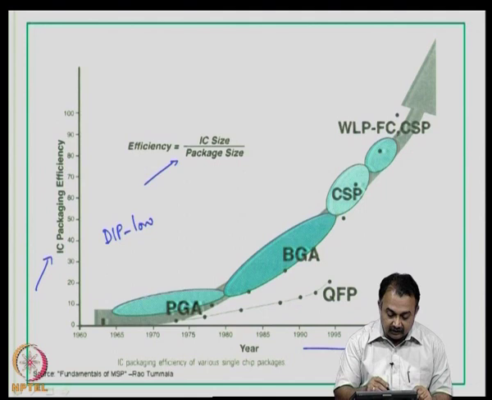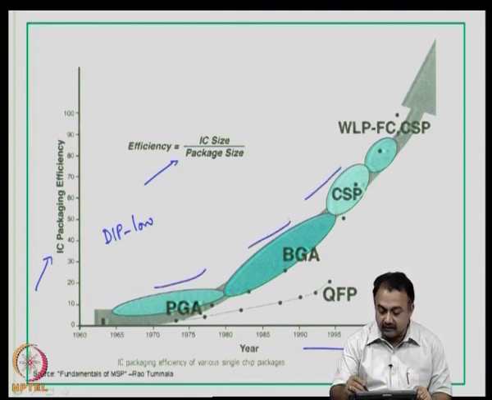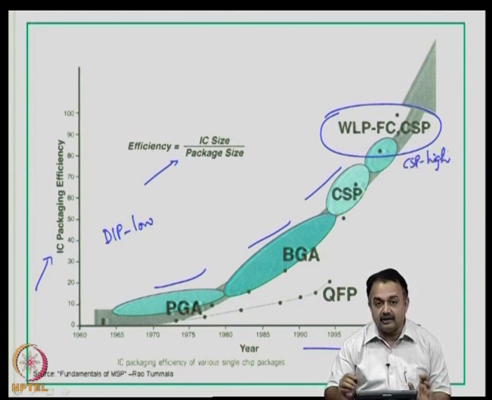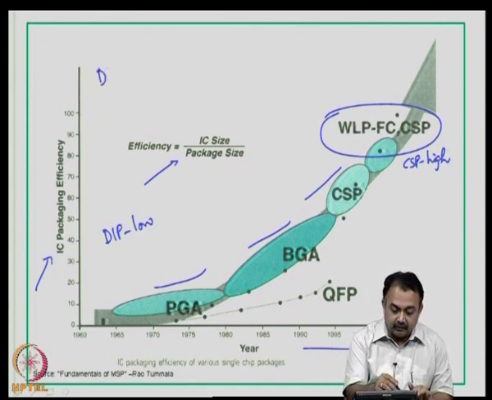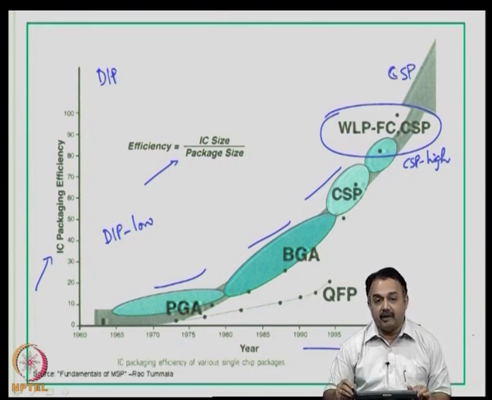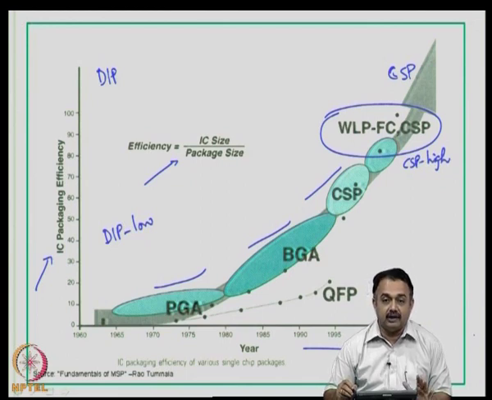So, the efficiency increased slowly through PGA, through a BGA, and then a CSP, and finally, at a wafer level CSP the efficiency is very high. So, if you have the different ends, DIP on one side and CSP on the other side, you can very clearly say that CSP has a very high packaging efficiency, because the package volume is much less in comparison to the die size in the CSP compared to a DIP package or a QFP.